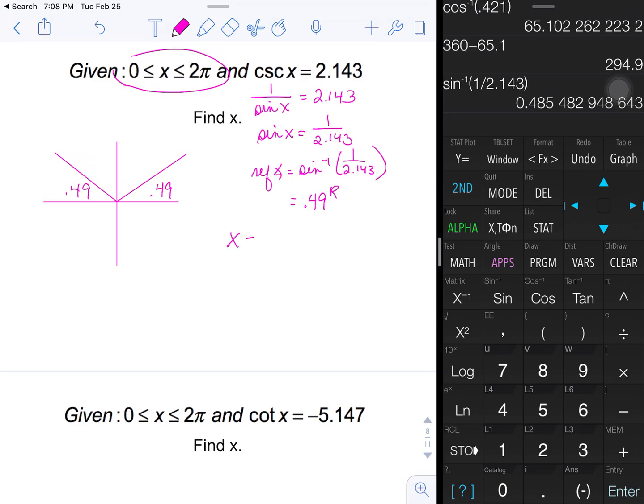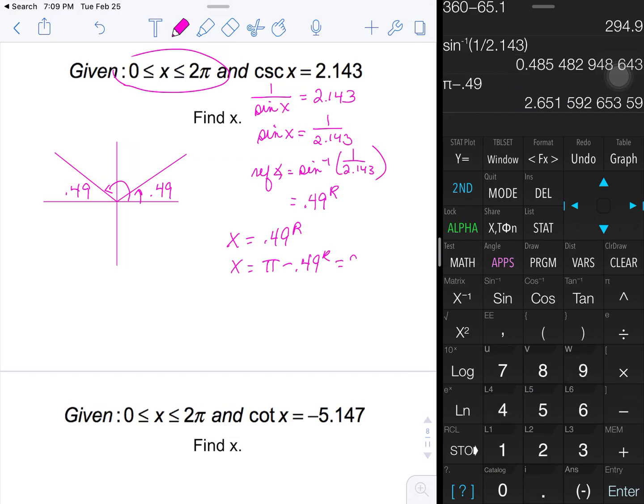So two answers, x equals 0.49 radians, because in the first quadrant, the angle is the reference angle. In the second quadrant, it's going to be pi minus 0.49 radians. So second, and then the caret button. Caret button is right over there, minus 0.49.